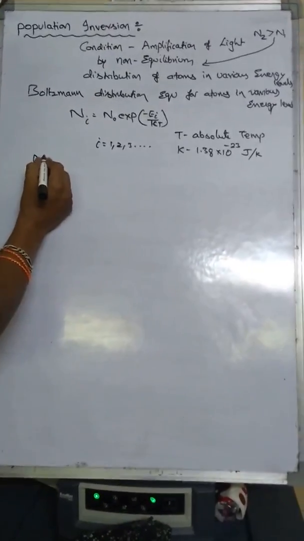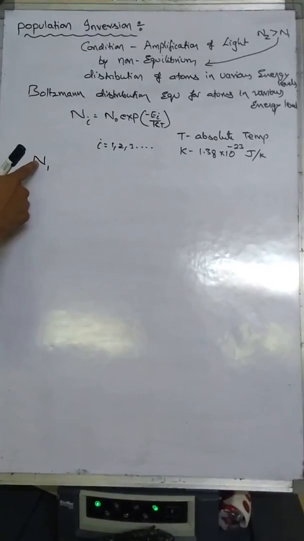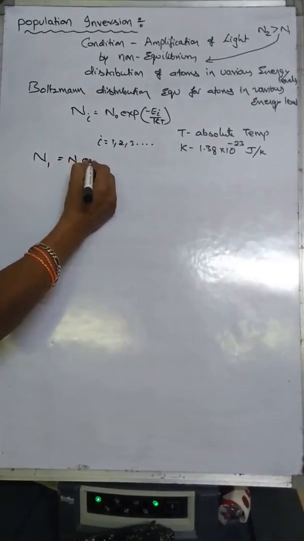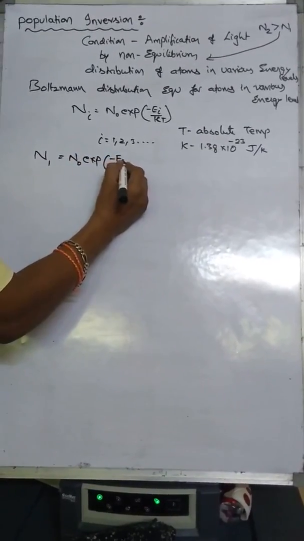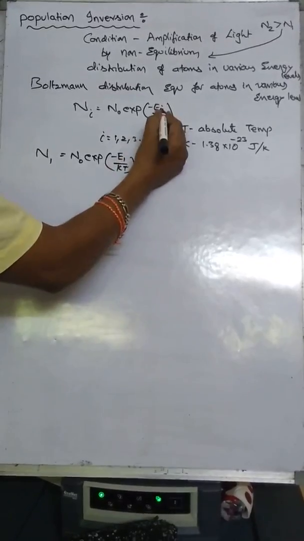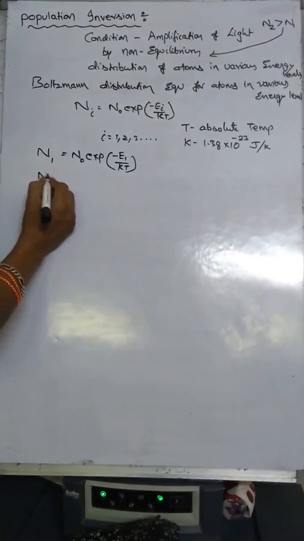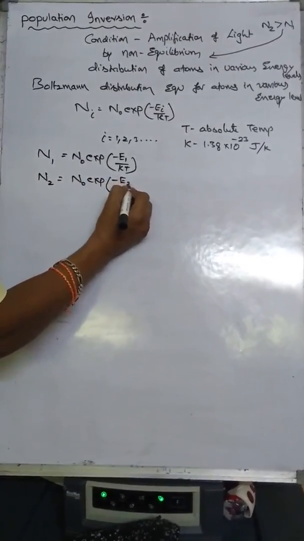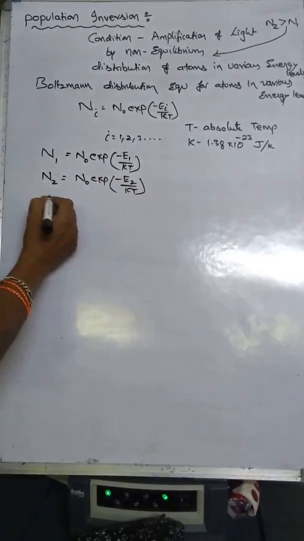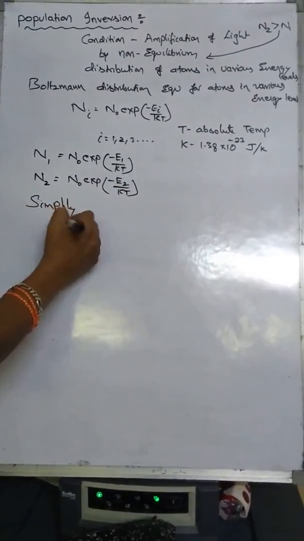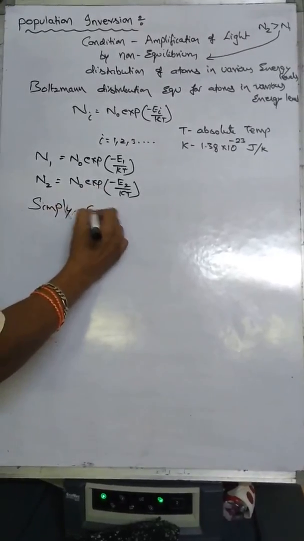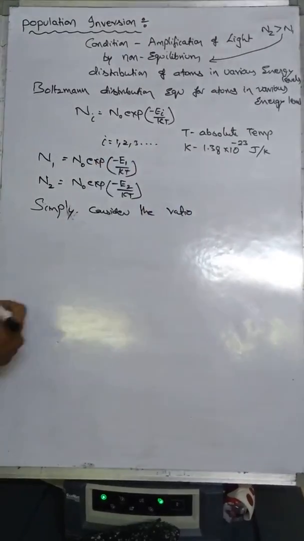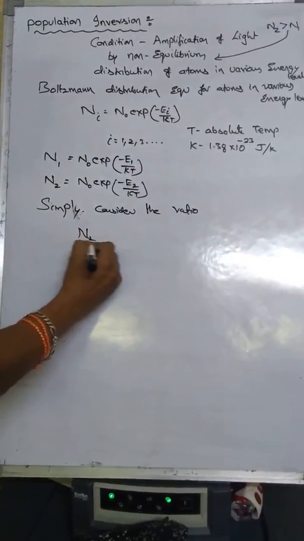Let us consider the number of atoms in the lower energy level. Taking i equal to 1, N1 equals N naught exponential of minus E1 by kT, and similarly N2 equals N naught exponential of minus E2 by kT. Now consider the ratio of the two equations, N2 by N1.